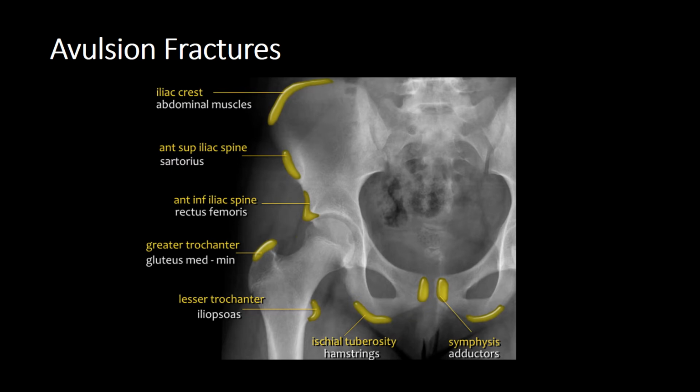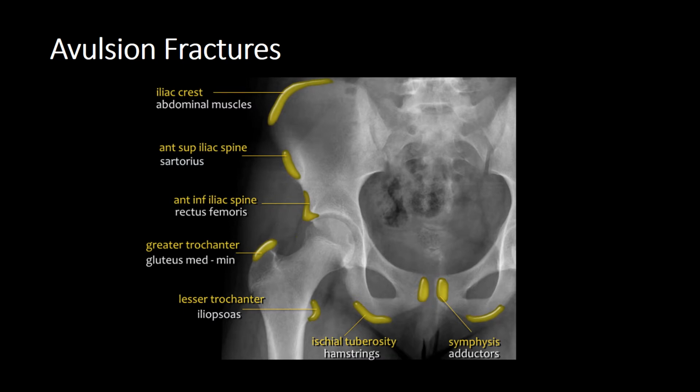Avulsion fractures in the pelvis tend to occur with adolescents who are participating in sporting activities such as gymnastics and long jump. What happens is that they get a really forceful muscle contraction, and that pulls off one of the apophyses.